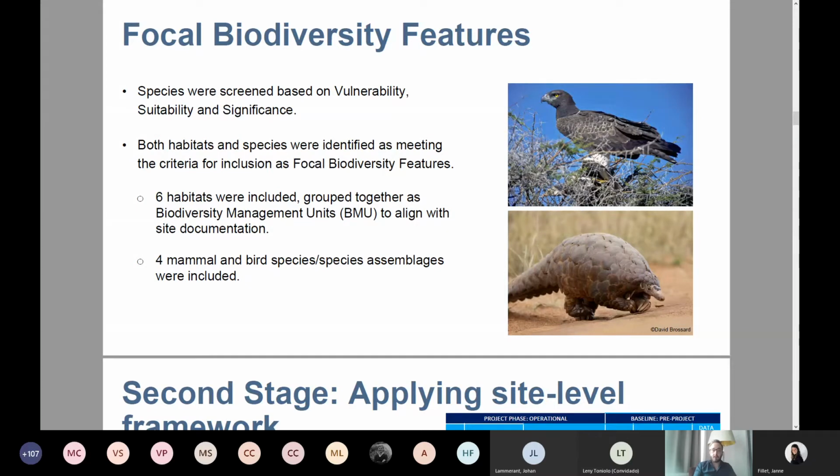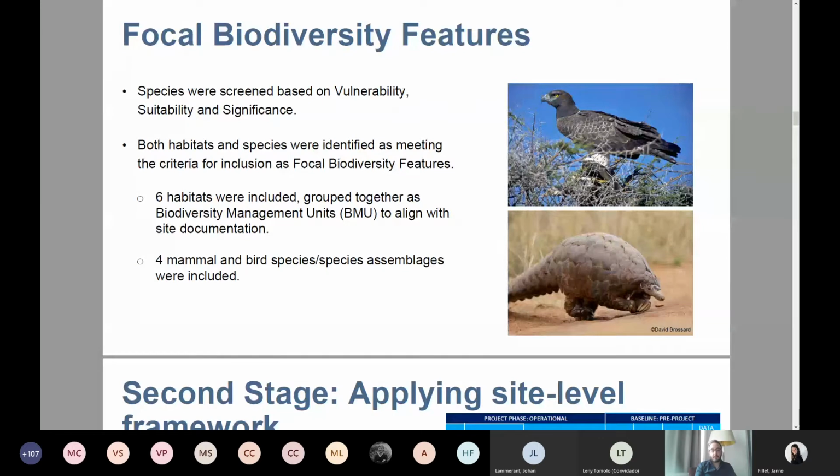Suitability, so whether or not the species or habitat is useful to use as an indicator. And this takes into account whether it is feasible to monitor it. So for example, certain very elusive species may not be suitable to monitor because you may not be able to collect enough data on which to understand patterns in their abundance. And also significance, so whether these species are threatened or important at a national or global level.